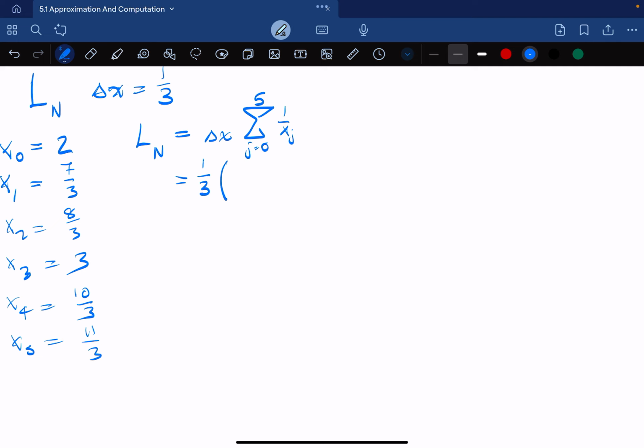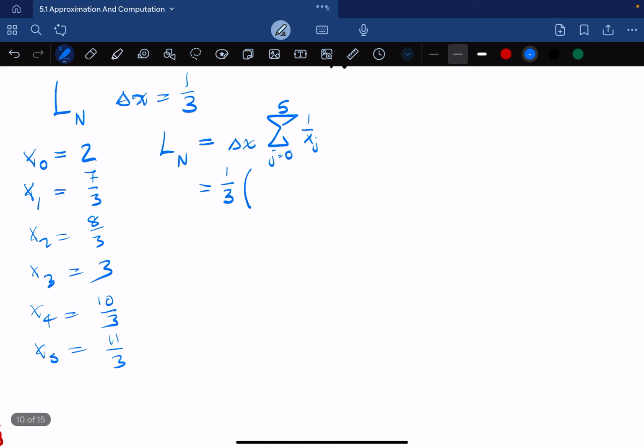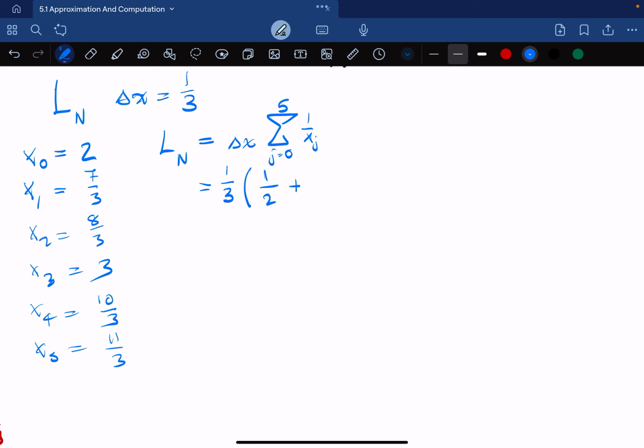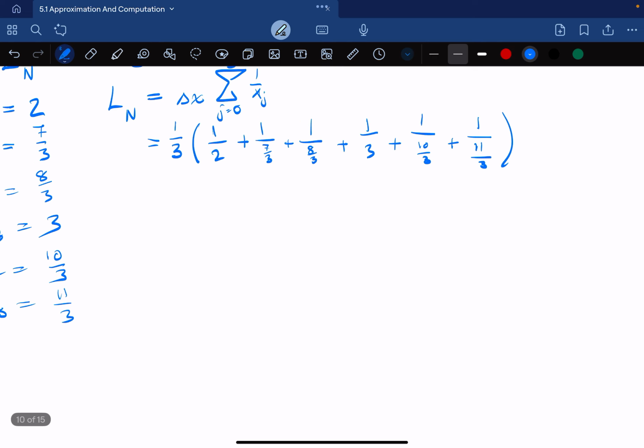So we know that our delta x is 1 over 3. Now we have our fun part. So 1 over x of 0, that's going to be 1 over 2. Now 1 over x of 1, so 1 over 7 over 3, plus 1 over x of 2, so 1 over 8 over 3, and then finally 1 over x of 3, so 1 over 3 plus 1 over x of 4, so 1 over 10 over 3, and then finally 1 over x of 5, which is 1 over 11 over 3.